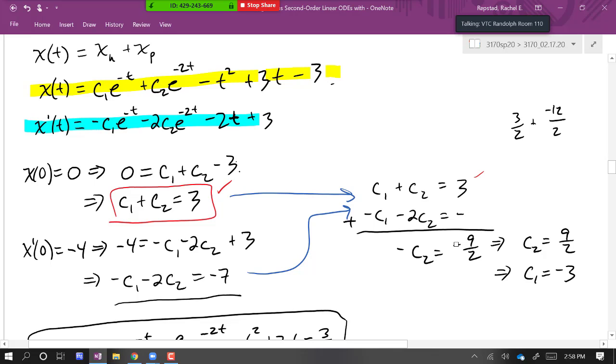That changes this. Okay. There we go. This is a -4. So c2 is 4. And if c2 is 4, then c1 is -1.